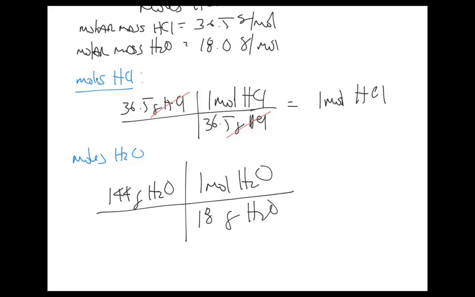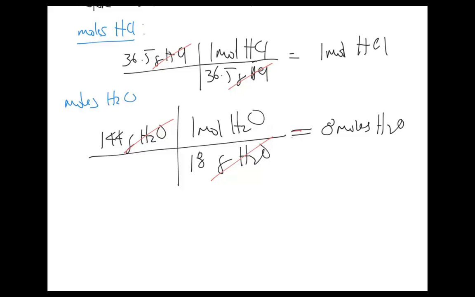So now we can cancel grams of H2O, and 144 divided by 18 is going to be equal to 8 moles of H2O. So here we have the moles of HCl and the moles of H2O.